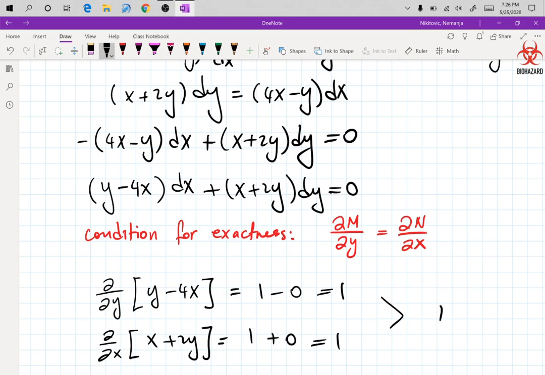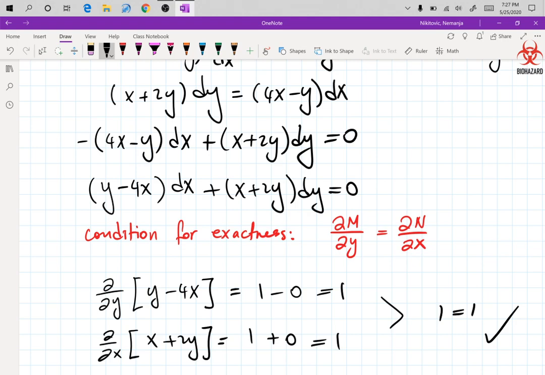Well, 1 equals 1, so we're good to go. The equation is exact. You have to check this. It is not given that every problem will be exact. Otherwise, we would not have a book on differential equations. We would have a paper with 4 pages and that's it, and we'd call that differential equations.